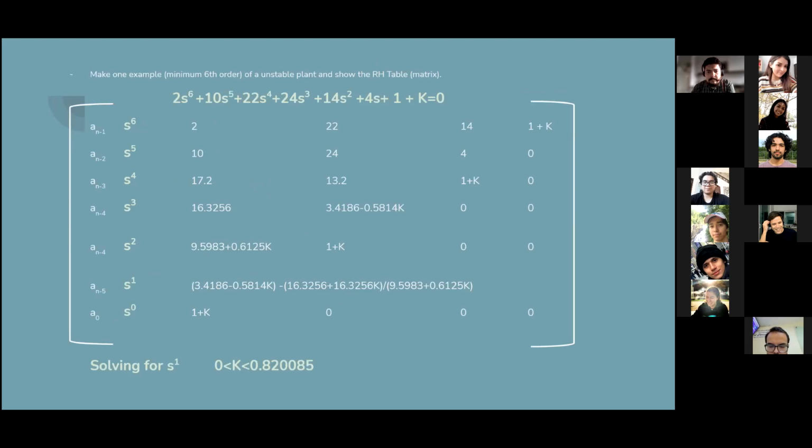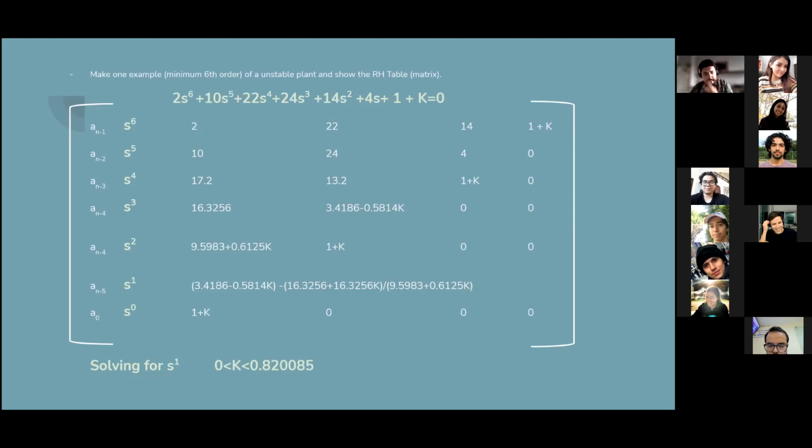And once we got to the S1, we need to solve for K. In this particular case, we got a quadratic solution. So we got two values, one of them is impossible, is unstable, and we checked that in MATLAB. And the other one is the real range of the gain.